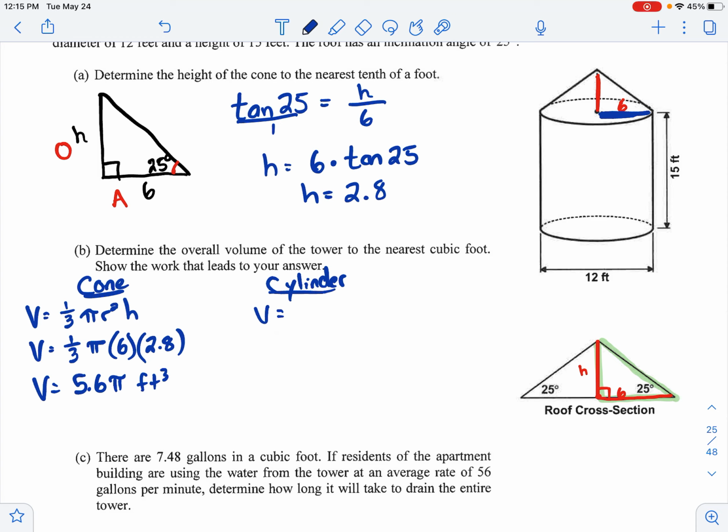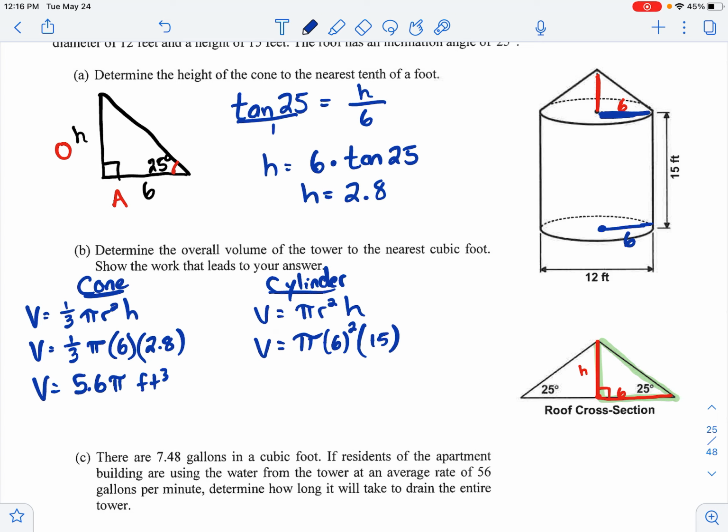And the volume of a cylinder is area of the base times the height. The base is a circle, so pi r squared times h. Okay. The radius of my circle for my base is also going to be 6. So pi 6 squared times 15.